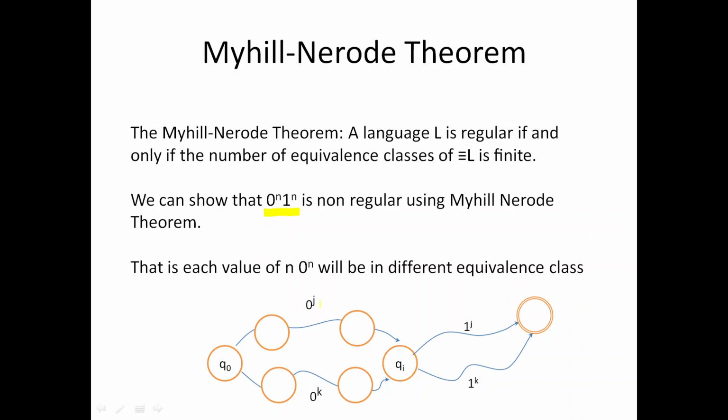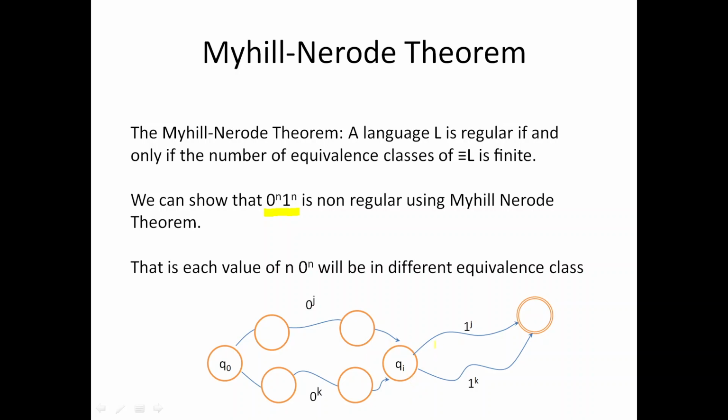That is not possible, because the number of states is finite. So there has to be a string 0 raised to j and 0 raised to k, such that when you read 0 raised to j and when you read 0 raised to k, you end up in the same state qi, because the number of states is finite.